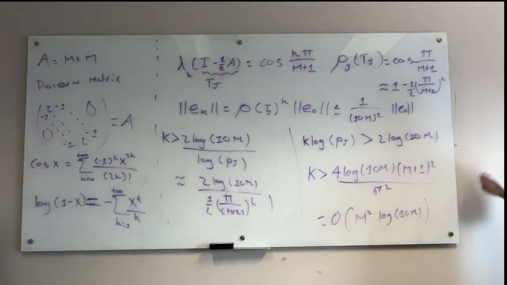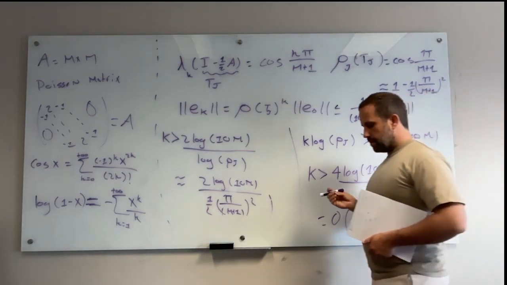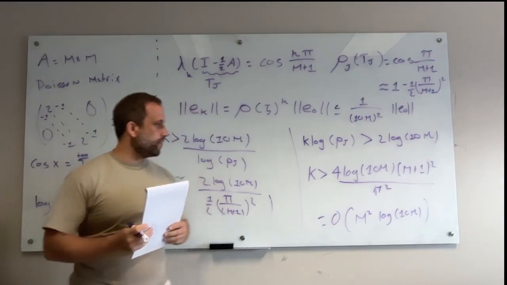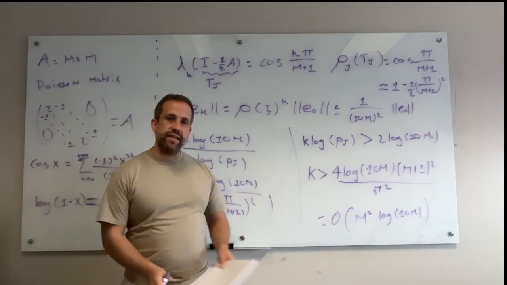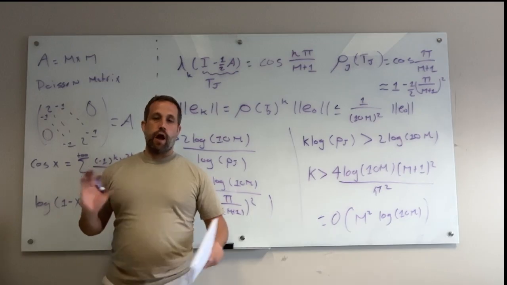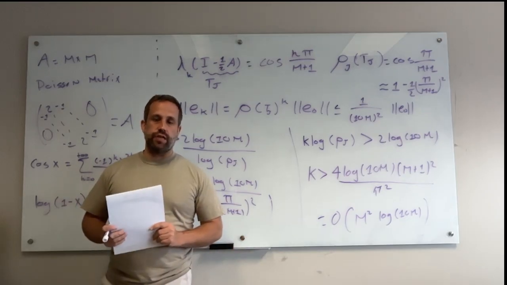Okay, so the total number of operations to do the Jacobi method for one dimension: sparse matrix vector multiplication takes O of m operations, and we have this, so we get O of m cubed log m operations. Now this is worse than Gaussian elimination.